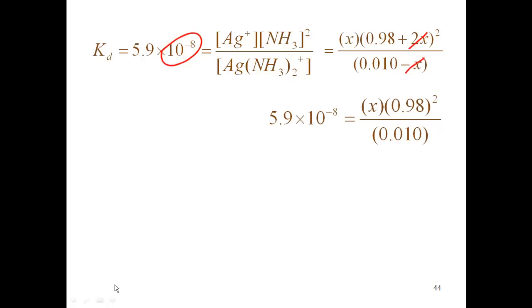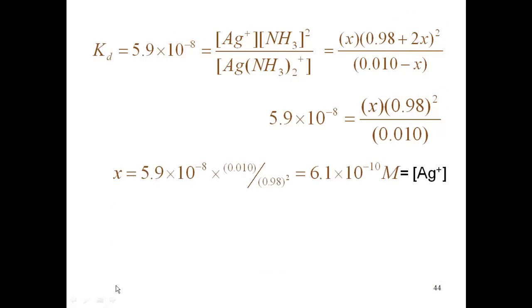Don't forget, I got to square both terms, so I can't lose that square. Multiplying through by 0.01 and dividing through by 0.98 squared, X is equal to 6.1 times 10 to the negative 10th molarity. What does X represent in our problem? It equals the concentration of our silver, which is our final answer.